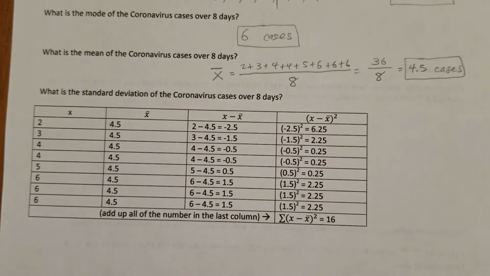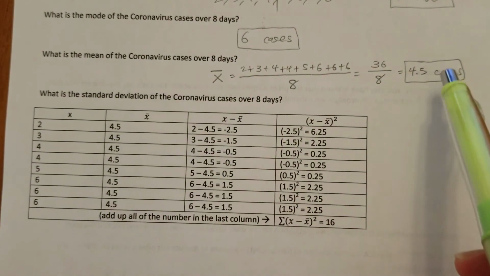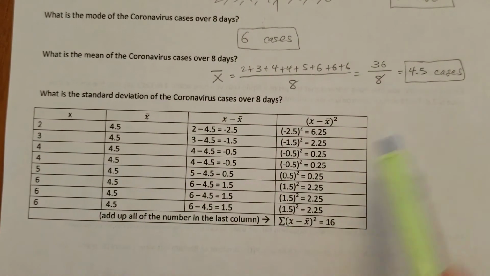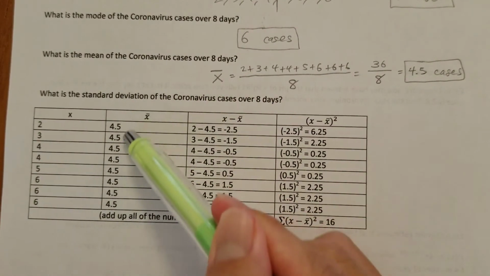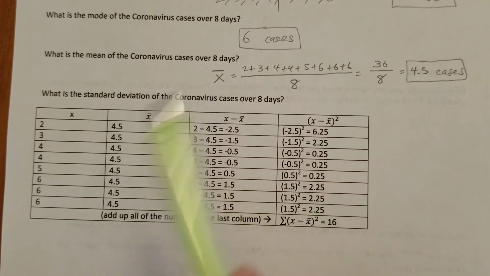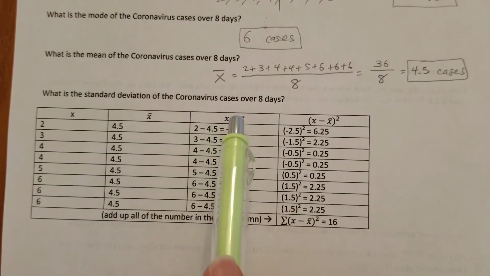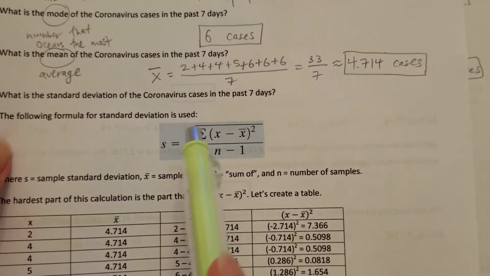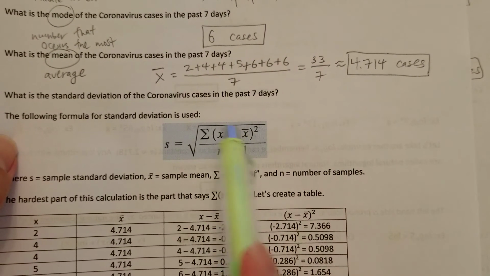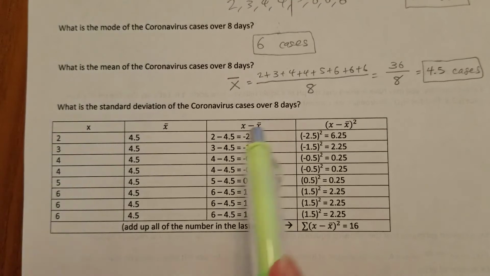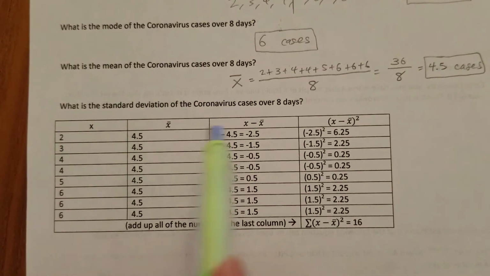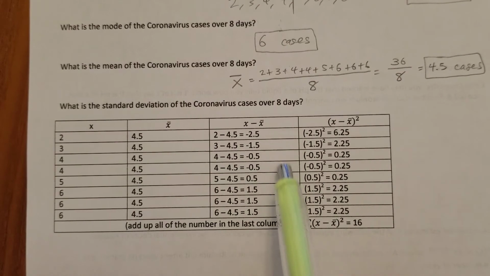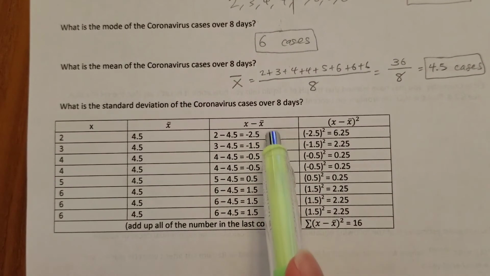The mean, the average of the coronavirus cases over 8 days, is 4.5. We have to find x minus x bar for this equation. We're doing the same thing that we did for standard deviation. You take 2 minus 4.5, 3 minus 4.5, etc. You're going to get a whole bunch of values that look like this.